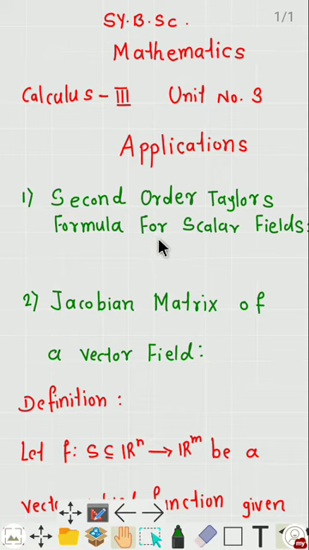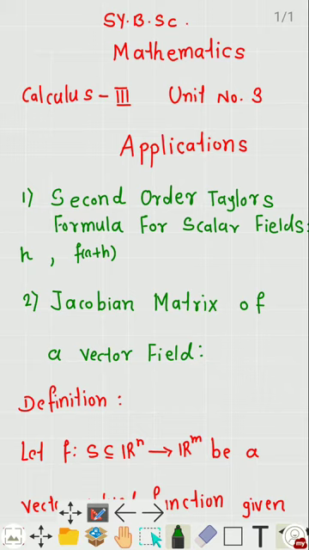If f is a real valued function differentiable n times at point a, then for small h, f of a plus h can be approximated by a polynomial in h using Taylor's theorem.